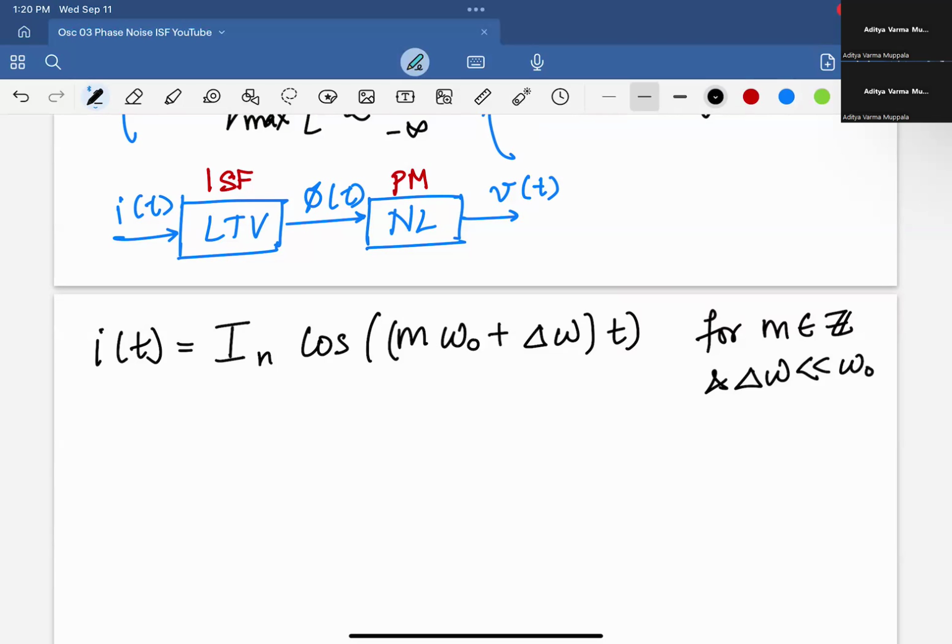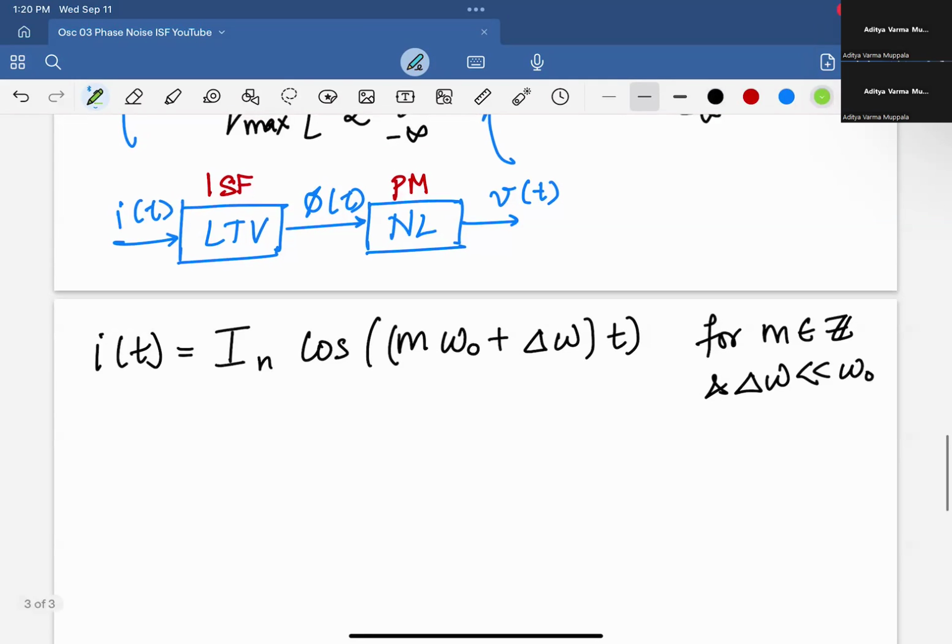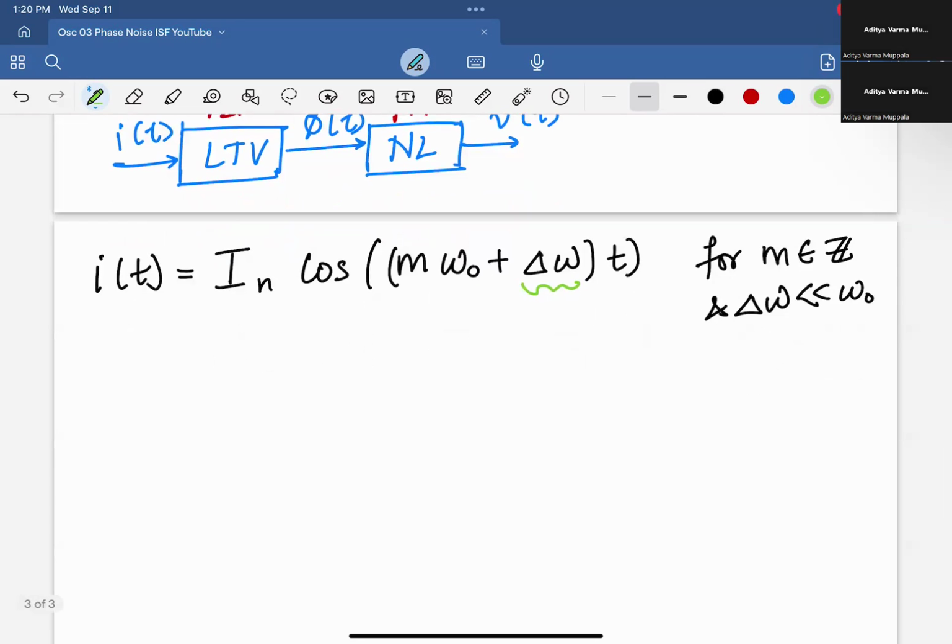So what is omega naught? Omega naught is the oscillation frequency of the oscillator. So what we're essentially saying is, if I take any harmonic of this oscillator and I'm slightly displaced from that harmonic by this delta omega, right, and I inject a current at this displacement from one of the harmonics, what kind of phase shift does that produce? That's what we want to study.